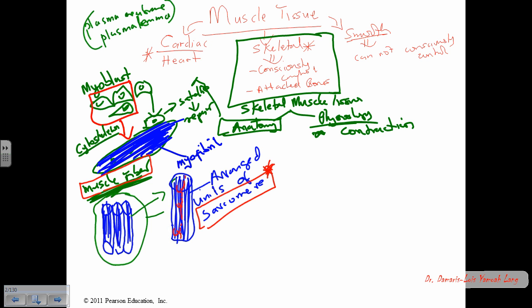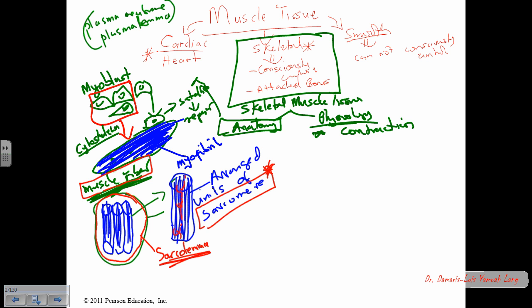So the plasma membrane of the muscle fiber, instead of calling it plasma membrane, guess what they call it? They call it sarcolemma. Are you with me? Now you need to pay attention to this. So the plasma membrane is called what?